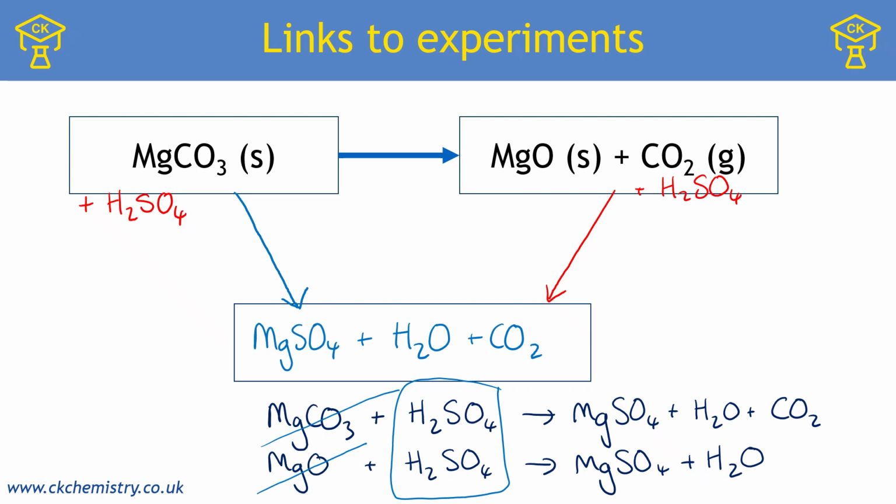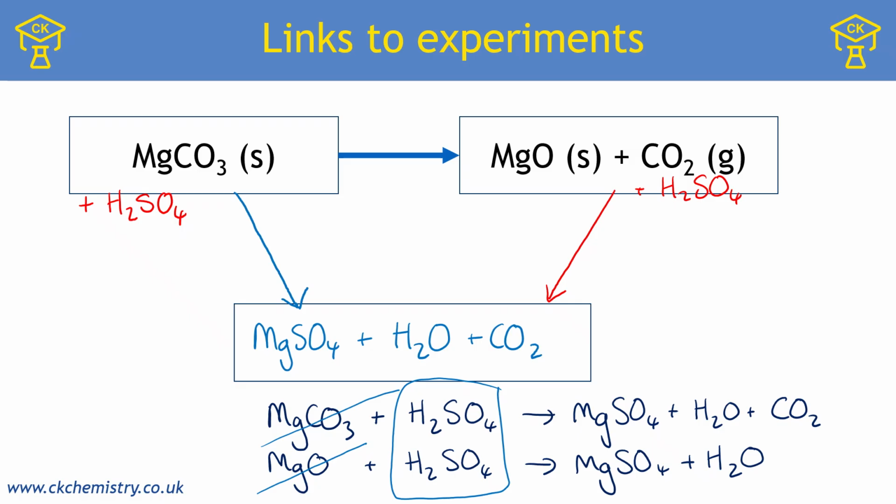Now the CO2 isn't there, but it's here already. So essentially what I have is CO2 going to CO2. So there's no enthalpy change associated with that, so it won't change my numbers. In the same way that if I, for example, had oxygen and I just added more oxygen, it wouldn't change the enthalpy change.